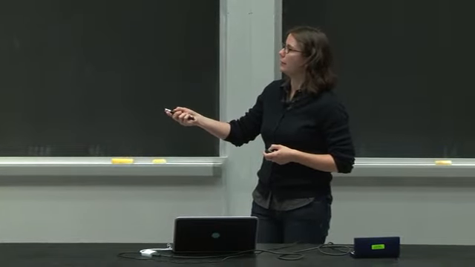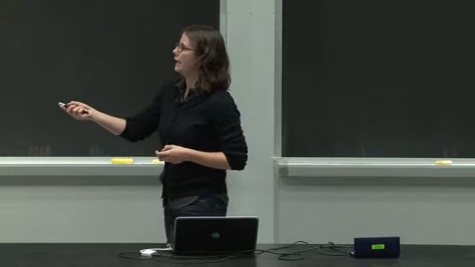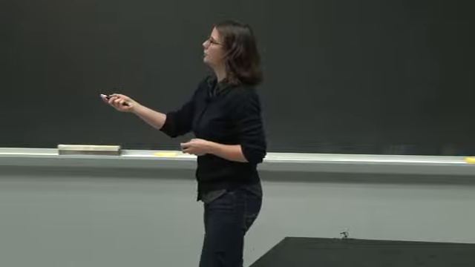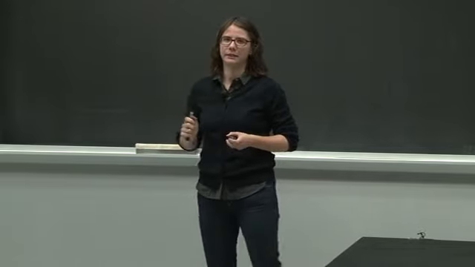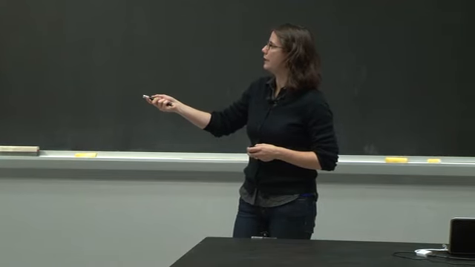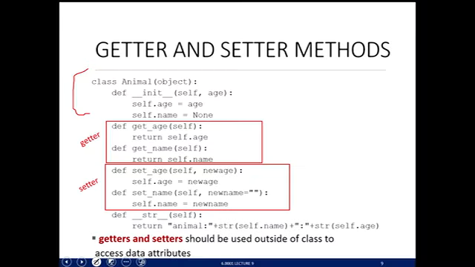So if you look carefully, getAge is just returning self.age, and getName just returns self.name. So they're very simple methods. Similarly, setAge and setName, we're going to see what this funny equal sign is doing here in the next couple of slides. But setters do a very similar thing where they're going to set the data attributes to whatever is passed in. Okay?